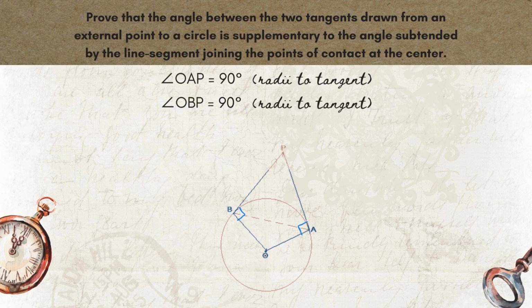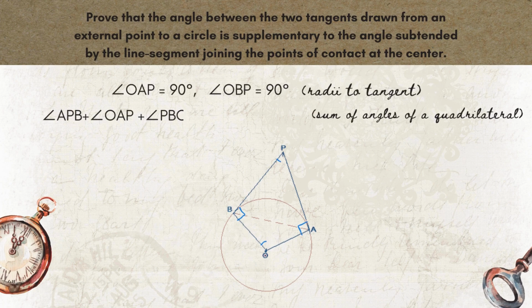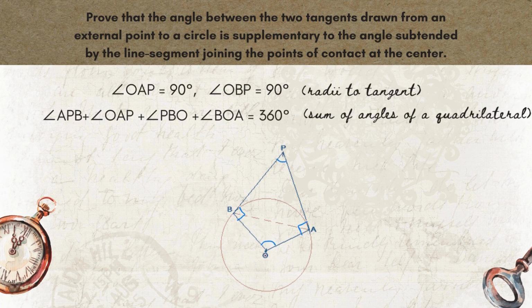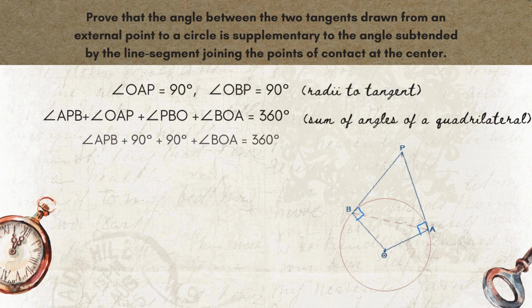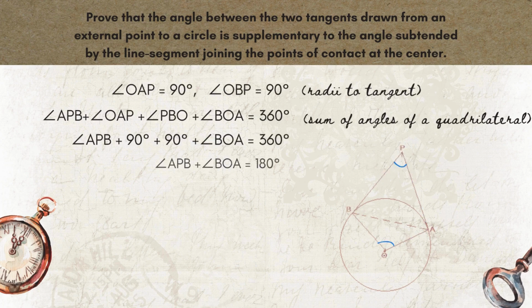Now, in the quadrilateral OAPB, the sum of all angles of the quadrilateral is 360 degrees. Substituting the values, we get angle APB plus 90 degrees, which is the value of angle OAP, plus 90 degrees, which is the value of angle OBP, plus angle BOA is 360 degrees. So, angle APB plus angle BOA is equal to 180 degrees.